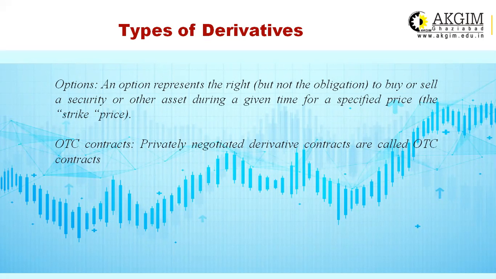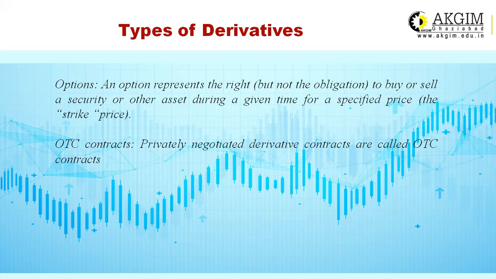Options are the most important group of derivative securities. I have already explained that these are contracts between two parties where one party obtains the right but not the obligation to buy or sell a particular asset at a specified price on or before a specified date.